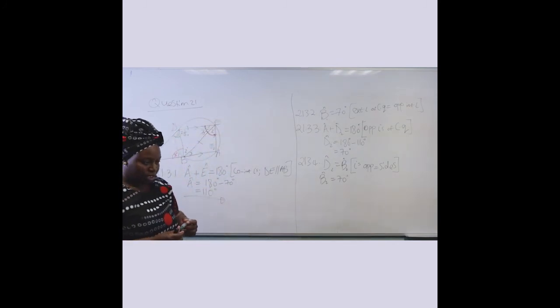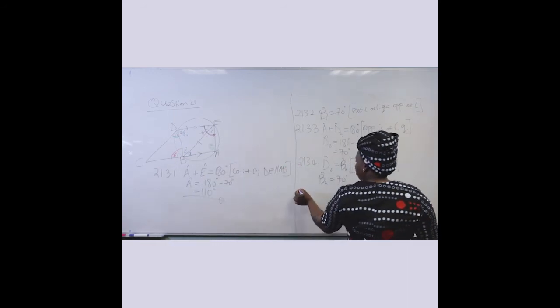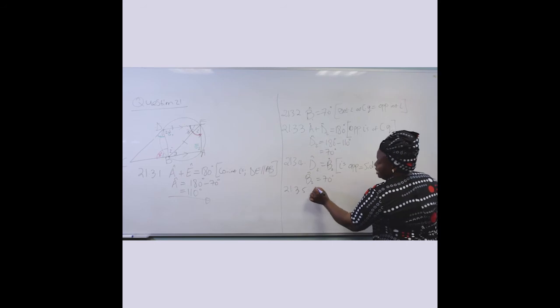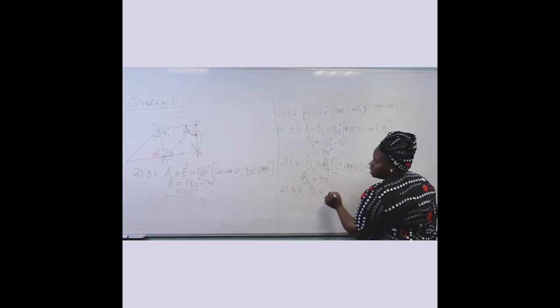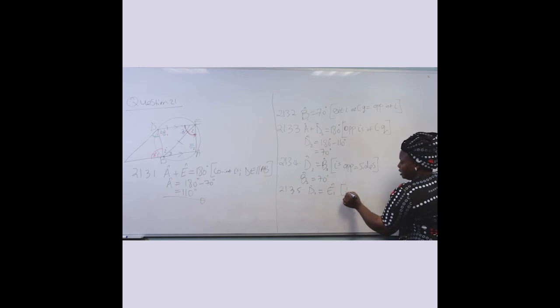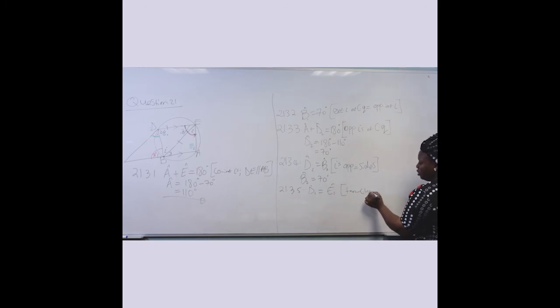Okay, so that's where we start. It is 21.3.5. We will say D1 is equal to E1. The reason is tan chord theorem.